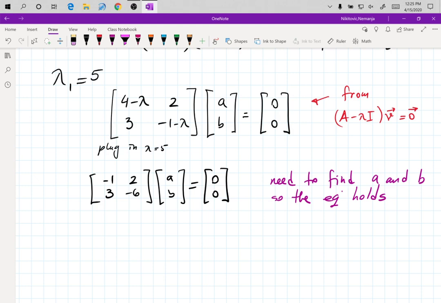So what do we have here? Well, we have the system that you guys are used to, which is negative A plus 2B equal to 0, and 3A minus 6B equals to 0.